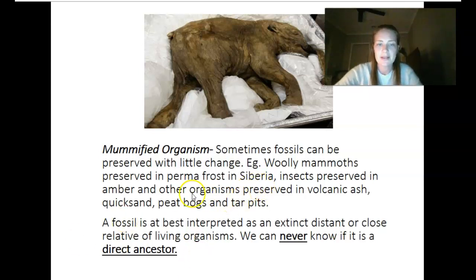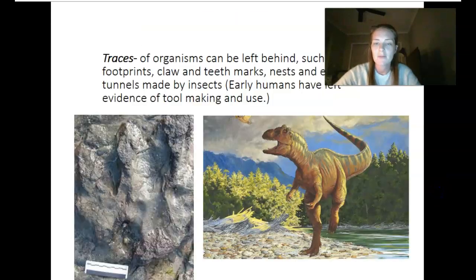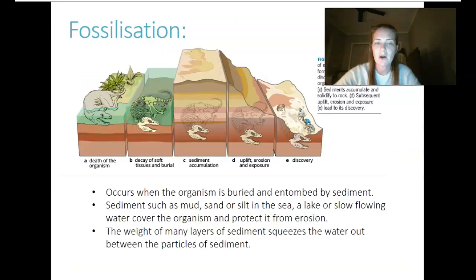Now, we've talked about these environments being good mummifying environments, but it's worth mentioning too, for the fossilization process and the collection of sediment leading to a good sample of a fossil, the best environments for this to happen is where sediment is accumulating really quickly. So that would be a nice still waters are the best environment.